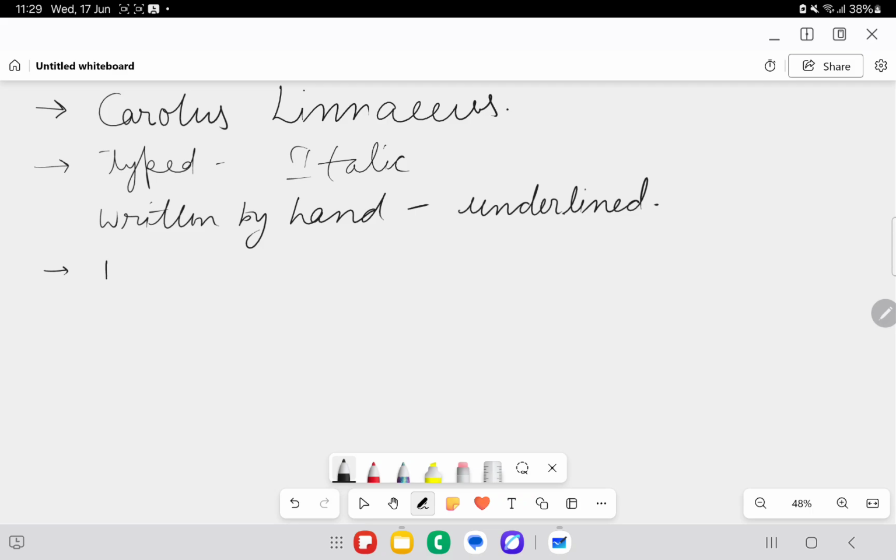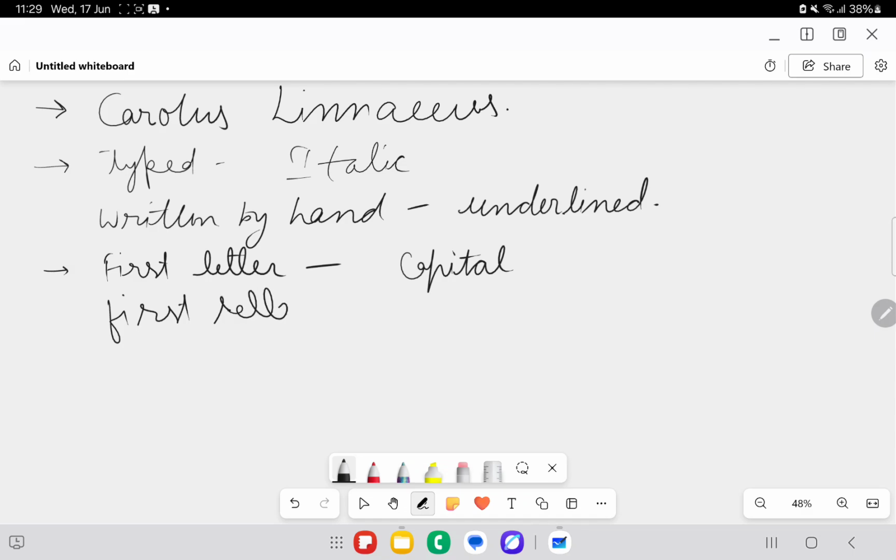The very first letter of the genus is always in capital form, and the first letter of the species is in small letters. As we have already discussed, it should be underlined, the genus letter should be capitalized, and the species first letter should be small.